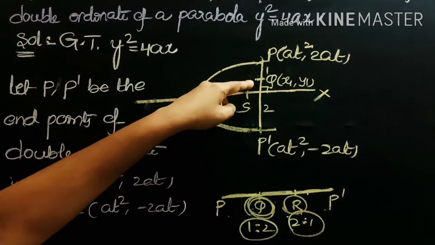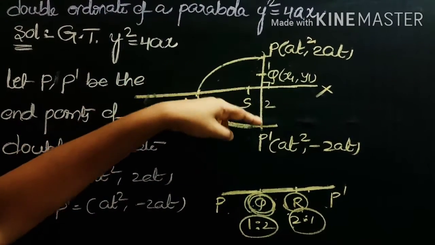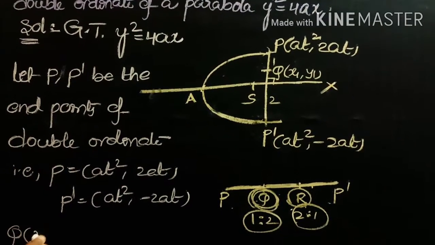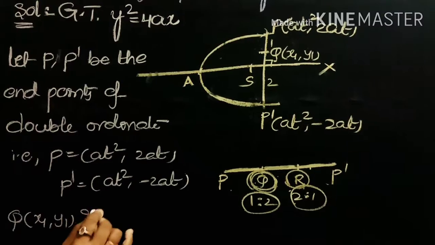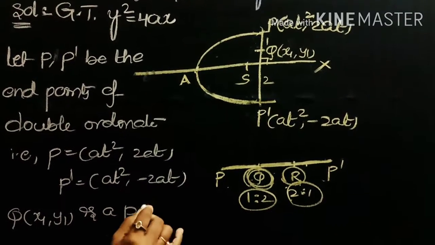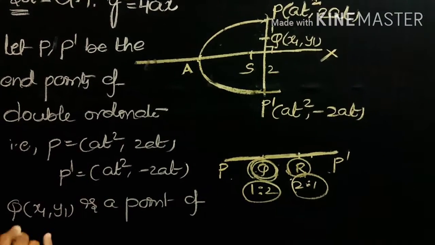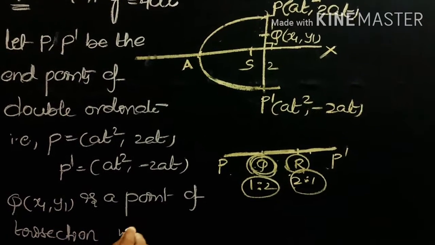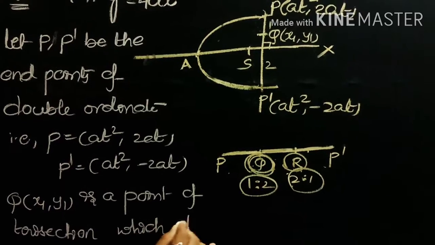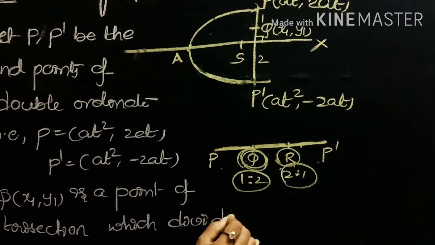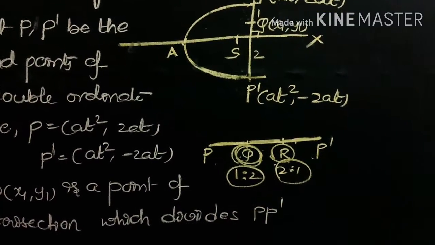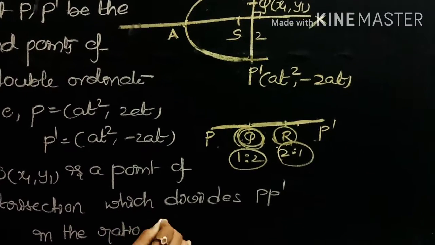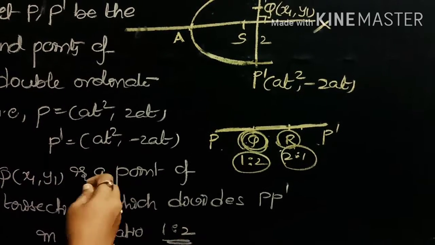Here Q is the point of trisection, which divides PP dash in the ratio 1:2. So we are finding that point's coordinates here.